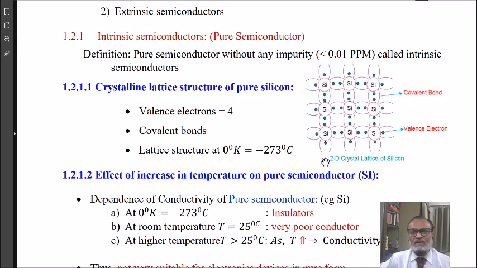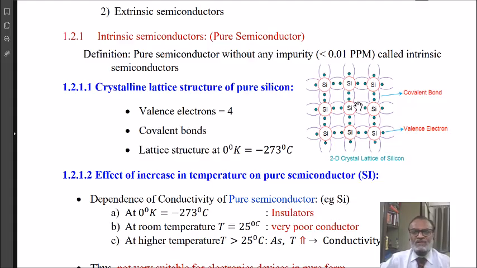Here it is shown in the figure. At 0 degree Kelvin, that is minus 273 degrees centigrade, each silicon atom is tied in the covalent bond with the adjacent four atoms and now sharing the total 8 electrons, 4 of its own and 4 from the neighboring atoms, and gets stable.